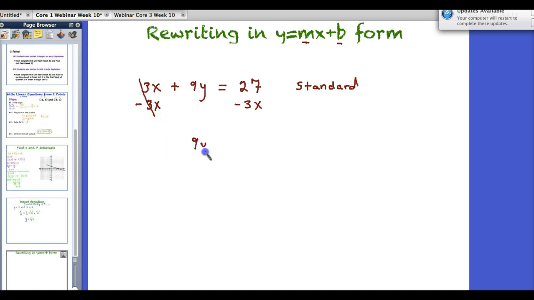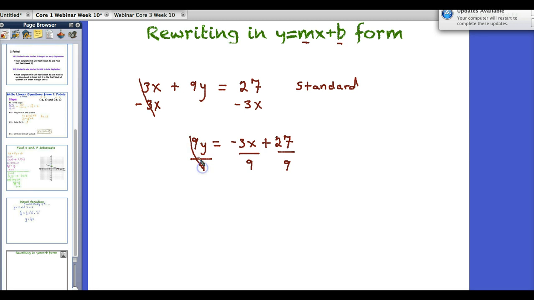And you would get 9y on the left is equal to, and I'm going to go ahead and put the minus 3x first so it's closer to the y equals mx plus b form, and then the plus 27 on the end. Then our final step is we need to remove this 9 and move it to the other side. Since it's being multiplied, we do the opposite, which is division. But here's where you have to be careful. You have to divide every term by 9 in order for it to work out.